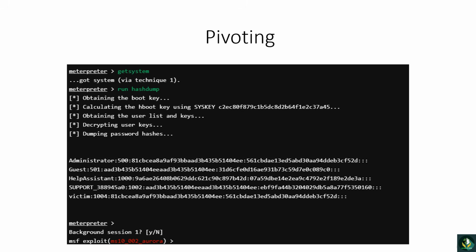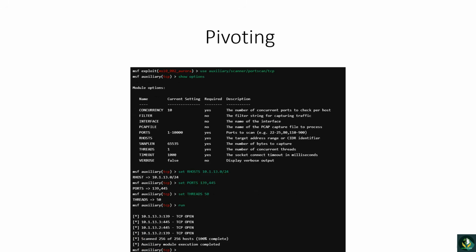Now we need to determine if there are other systems on the second network that we have discovered. We will use the basic TCP port scanner to look for ports 139 to 445.